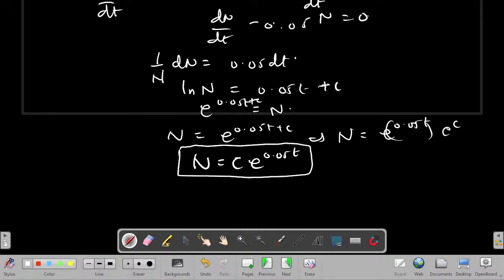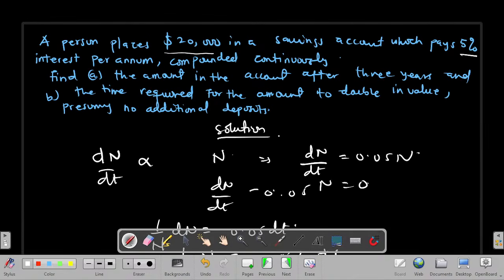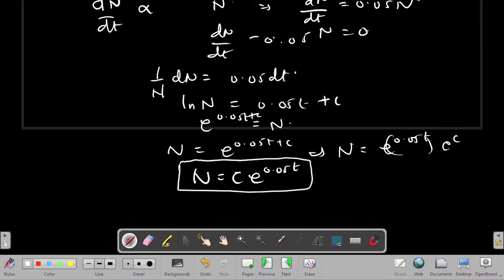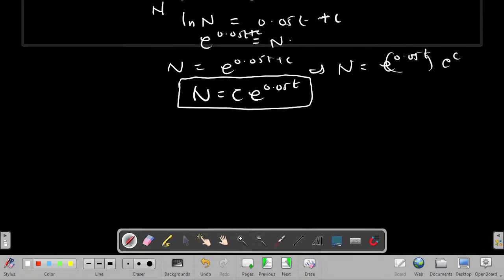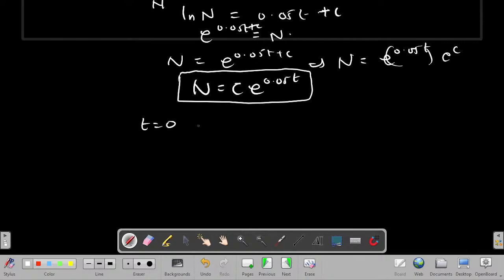Let's go back to the problem. It says that a person places this in a savings account, meaning that at time t equals 0, this was the money in it. So we can use that as our initial condition. For problems like this, they wouldn't tell you the initial condition. You just have to figure out that n is equal to $20,000, right?